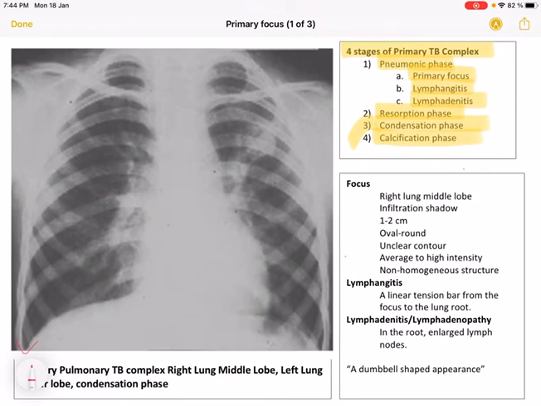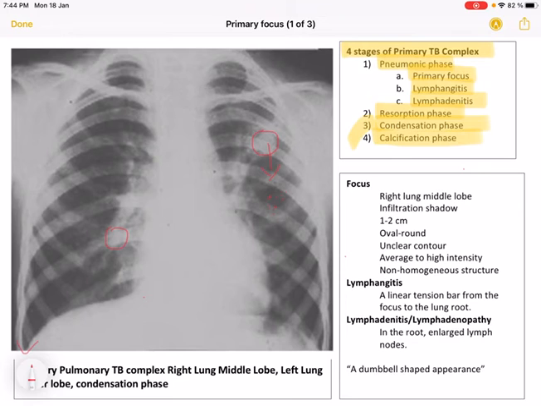So the 2 foci here: a small area, and this is the primary area. Here we can see multiple small dots, and these multiple small dots are the calcifying mass.